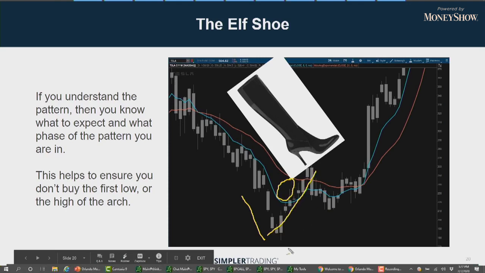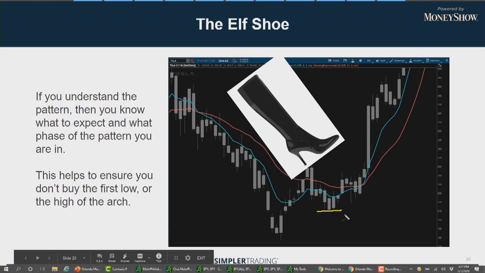But you understand that the 8 and 21 are still spread, we're only in the arch, so you'll take your money on that trade. You'll get in, you'll get out, and when it pulls back, you won't be caught off guard. Because you know what to expect, you're just sitting and waiting for the next move that's coming.